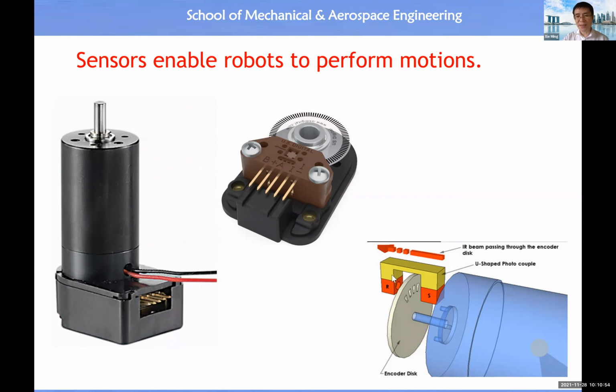In this way we can read out the signal. So this basically illustrates what is inside the signal reading device. This is just a typical example of the optical encoder.